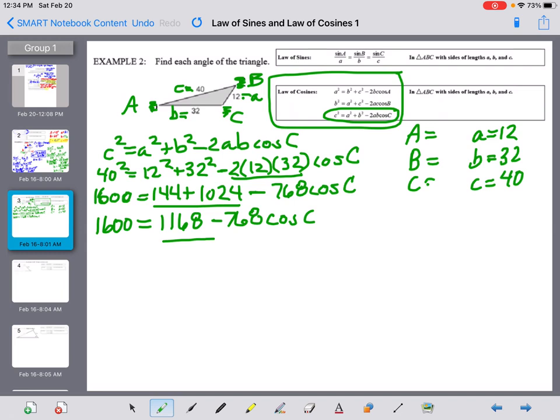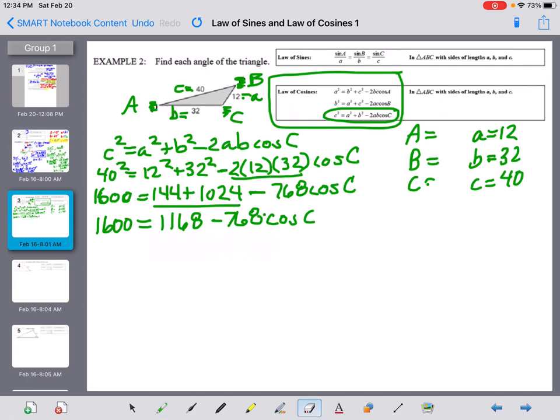Can I take 1168 and subtract 768? No. Okay, and the reason is the 768 is connected to that cosine C. It's like saying 768 square root of 5. We know we can't join a square root with a non-square root. Well, I can't join 1168 with a term that has a cosine C because they're not like terms. So I cannot subtract those.